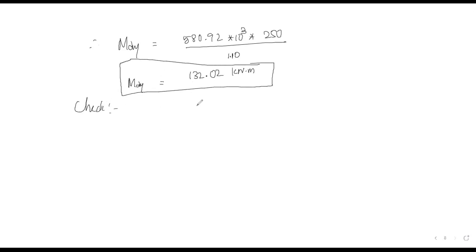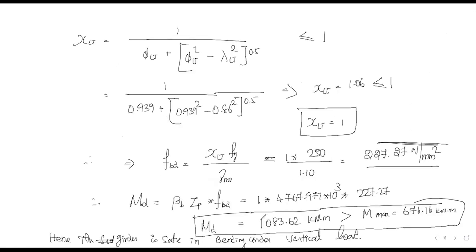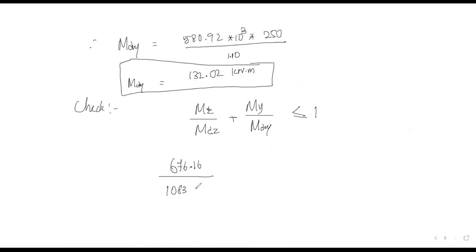Now I have to do the check for these moments also. That is Mz by Mdz plus My divided by Mdy should be less than or equal to 1. Okay, so Mz we have calculated already, 676.16 kilonewton meter, divided by Mdz, which we have calculated here as 1083.62, plus My, which we calculated in the lateral forces step, step 4.